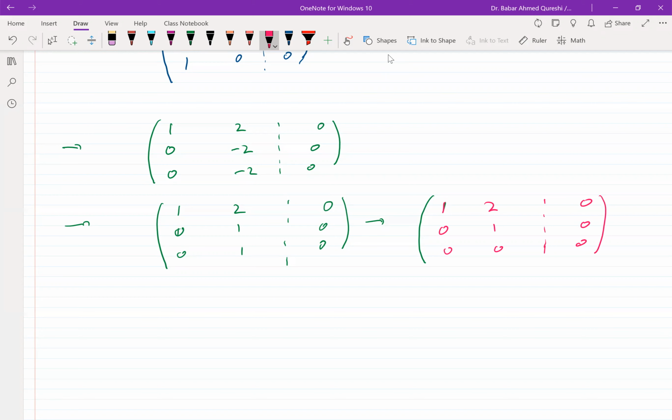I get the echelon form, and I can then add above to get the reduced echelon form. Multiply by minus 2 and add above, you get this.